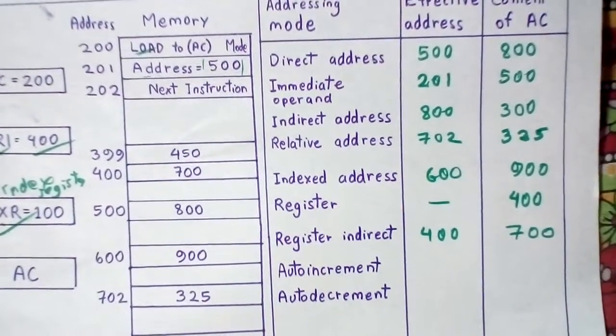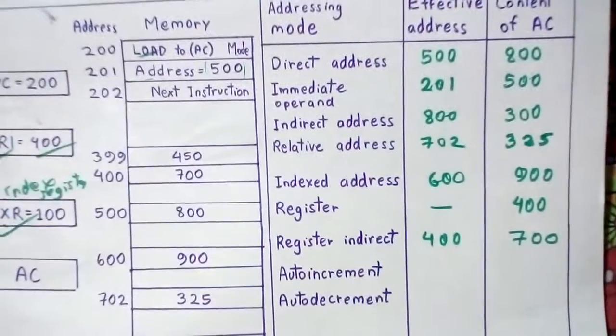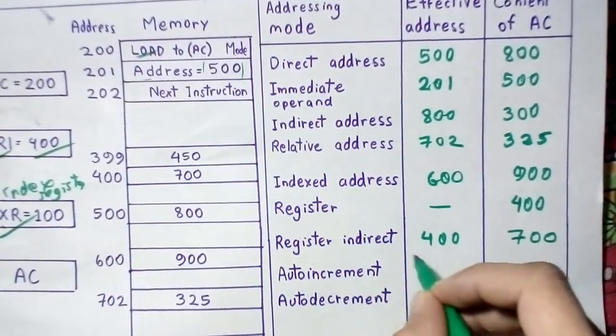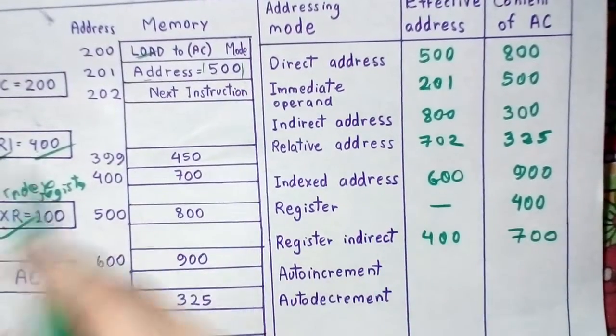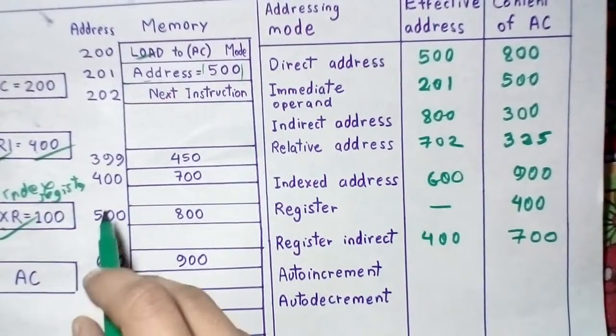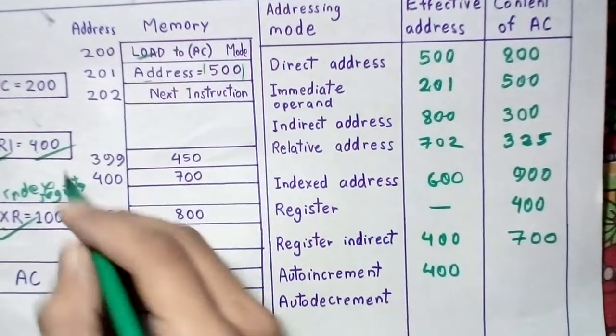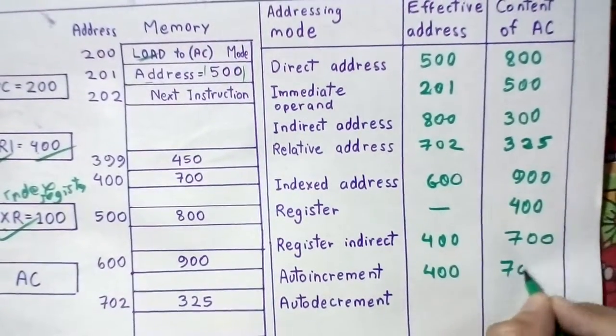So in auto increment, what do we have to do? In auto increment, we do the same as register indirect, which means first we go to this, and then from 400 we find the 700 value. 400 is the address of the operand, and 700 is the value.